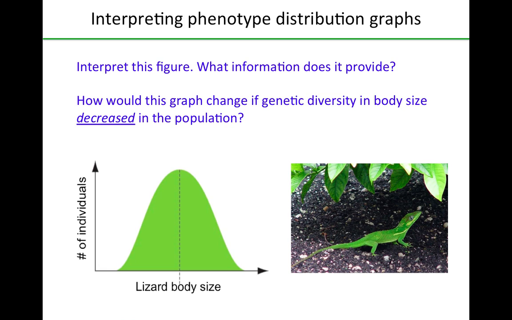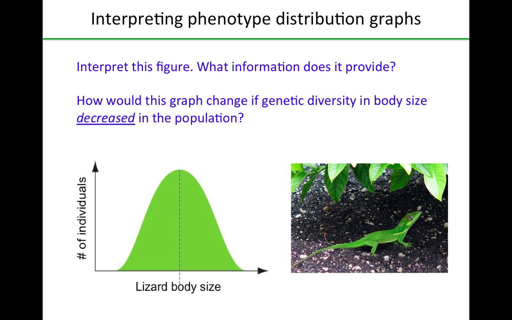Say in words what information this figure is providing to you, and then also think about how this graph would change if genetic diversity decreased. In this case we're thinking about lizard body size as the phenotype we're interested in. So how would this graph change if genetic diversity in body size decreased in this population? Just pause the video and think about that, and then start it when you've thought.